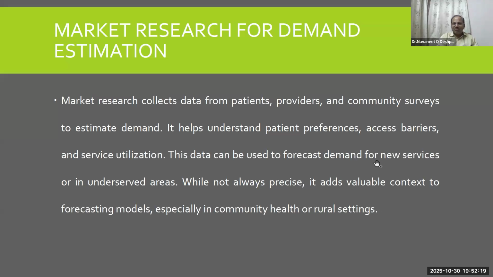So this data can be used to deal with the prediction of forecast qualitatively, in terms of new services or underserved areas where additional units are needed, like a mobile van, a mobile physiotherapy unit, a mobile dental unit or a mobile ophthalmologist.